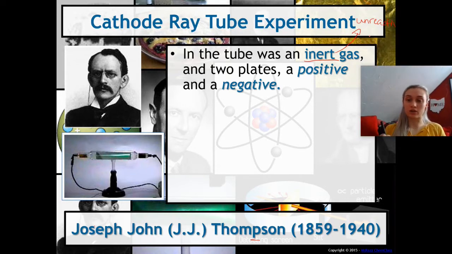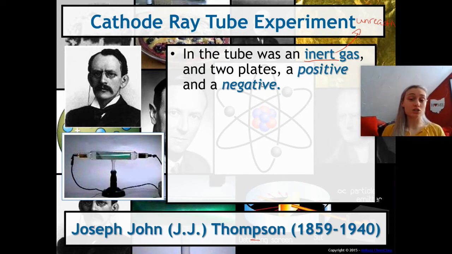So an inert gas is an unreactive gas. And in addition to that inert gas in this little tube, he had two plates made of metal. One was positively charged and one was negatively charged.